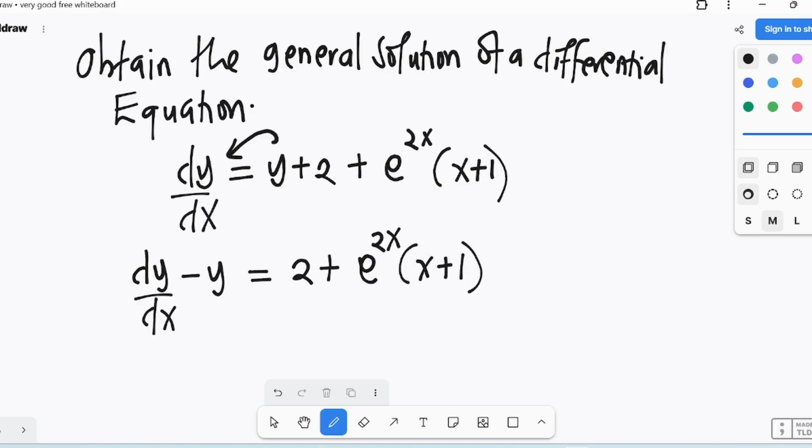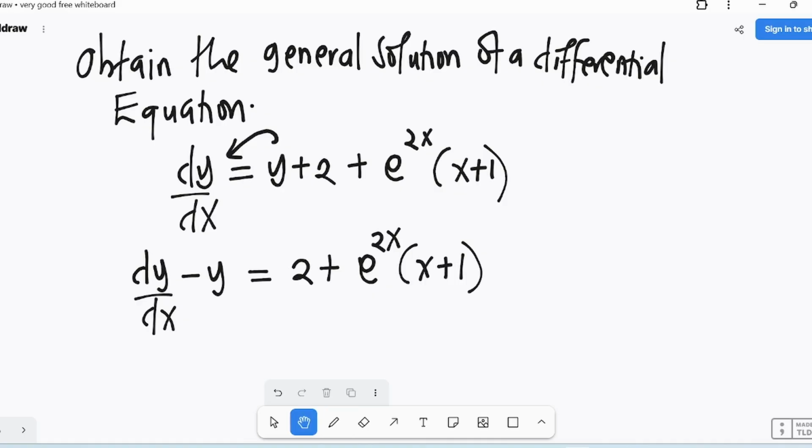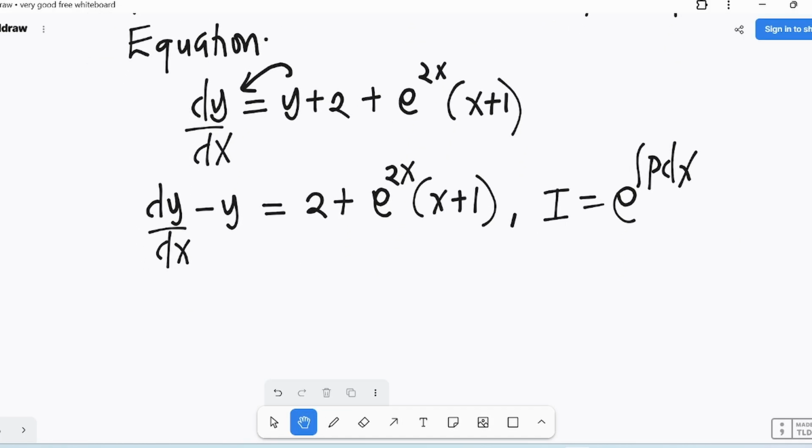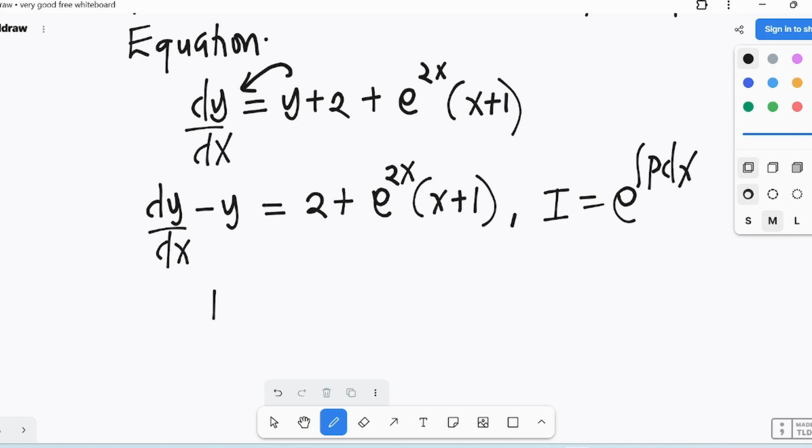The next thing is to identify p. Remember, our integrating factor is obtained as the exponential of the integral of p dx. So our p from here is actually negative 1.